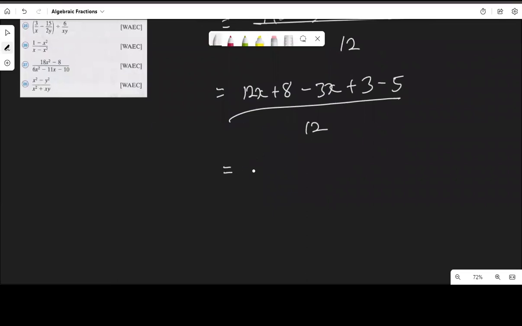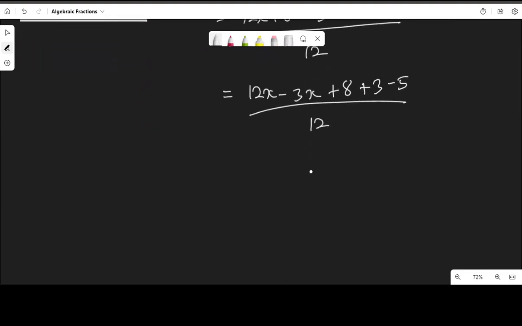Collecting like terms, we have 12x minus 3x plus 8 plus this 3 and minus 5 over 12. 12x minus 3x is 9x. 8 plus 3 is 11. 11 minus 5 is 6 over 12. 3 is common to this, so let's factor out 3. 3 into 9 divided by 3 is 3, 3x.